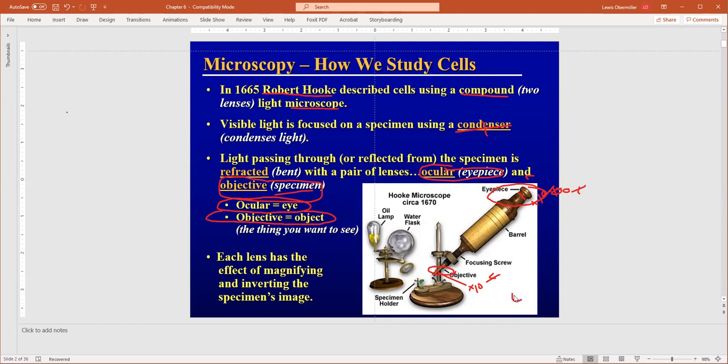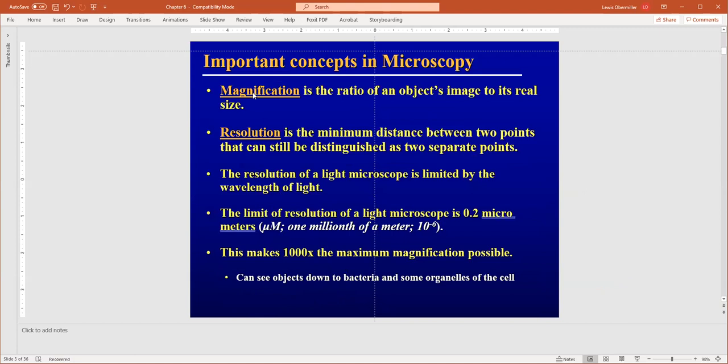So usually they're 4x, 10x, 40x, and then 100x. And if you guys are in school, in the lab, you would be able to mess around with these microscopes. The image is inverted here and then reverted back through the eyepiece. So you see it upright.